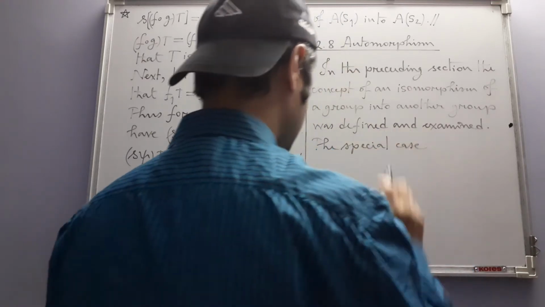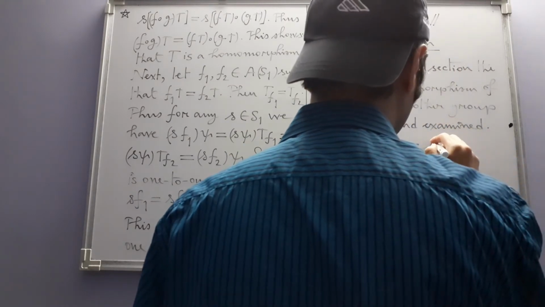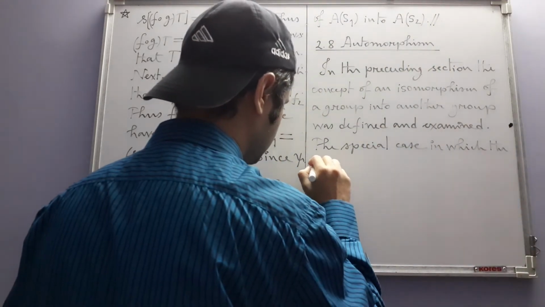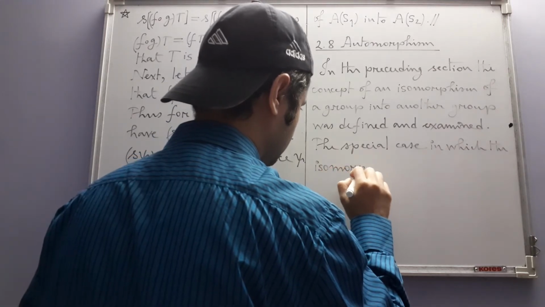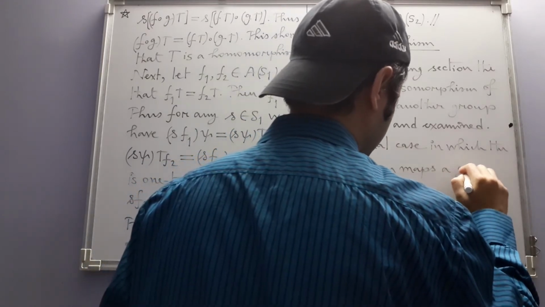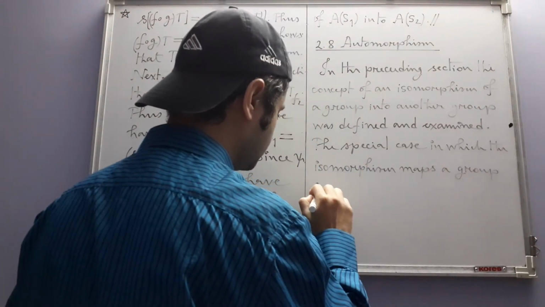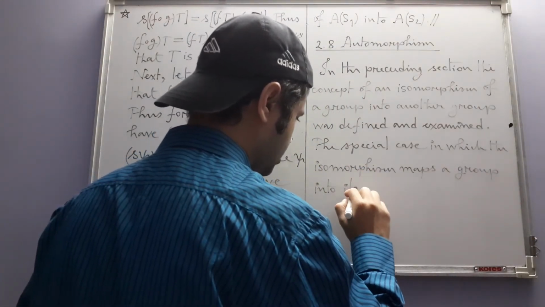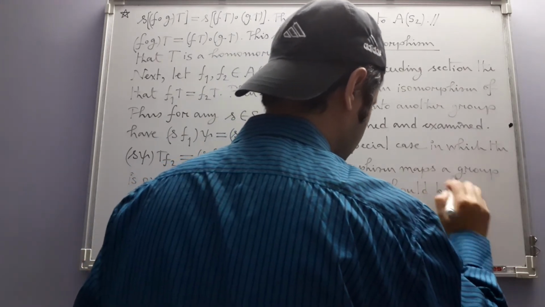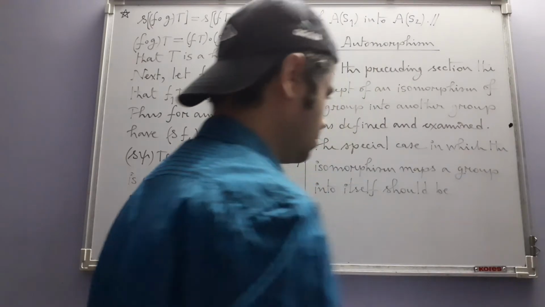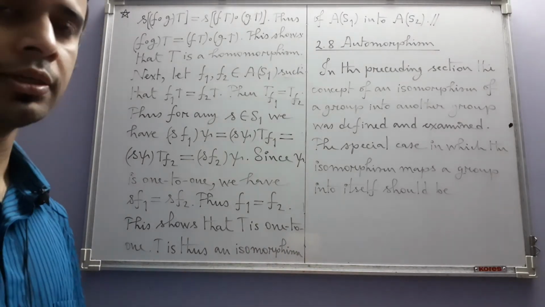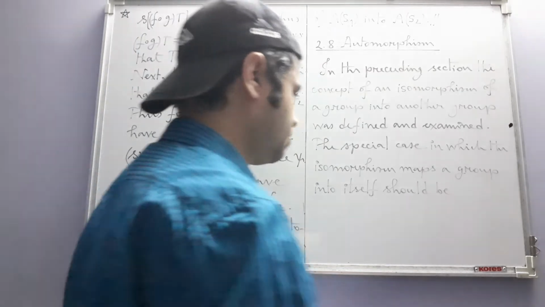The special case in which the isomorphism maps a group into itself should be of interest, because due to its special nature, it may give us some more information than what we normally get when we consider an arbitrary isomorphism between two groups.